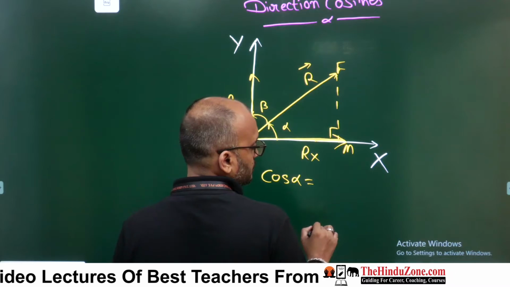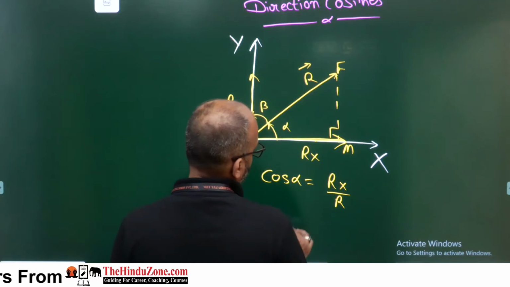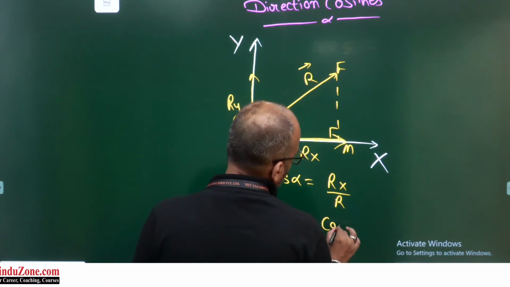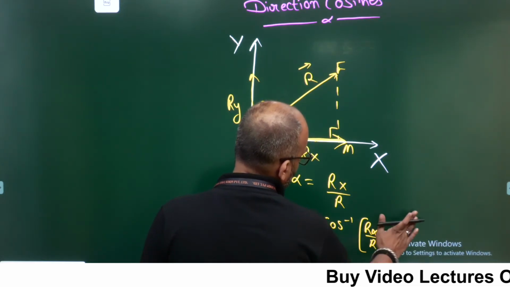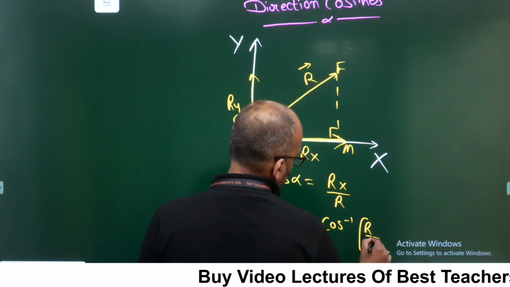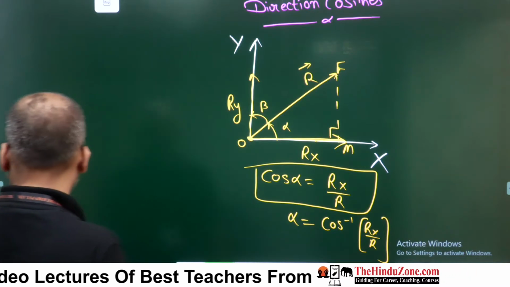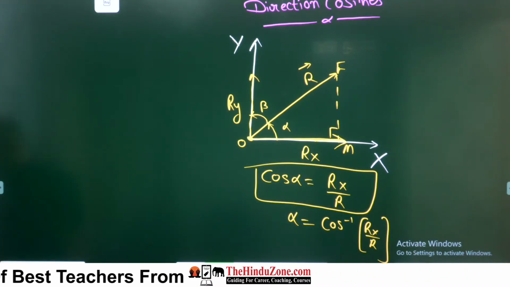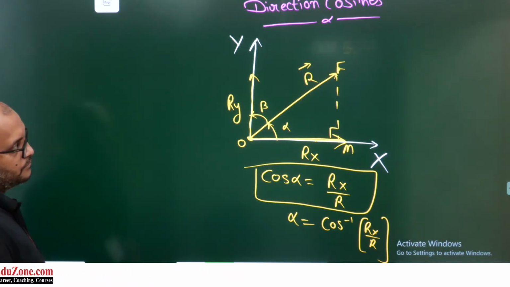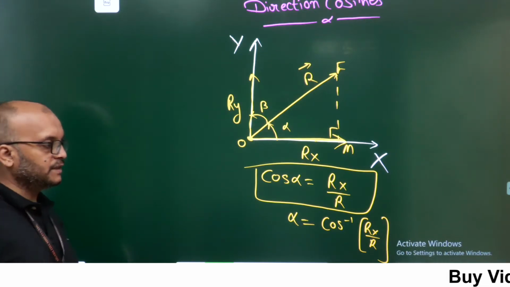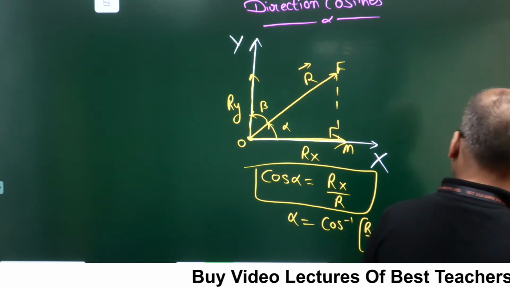Cos is equal to base upon hypotenuse, that is Rx upon R. So alpha will equal to cos inverse Rx upon R. Tell me yes or no? Everyone understood or not?